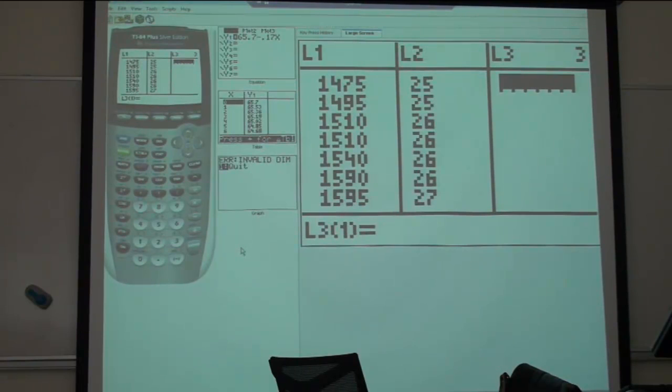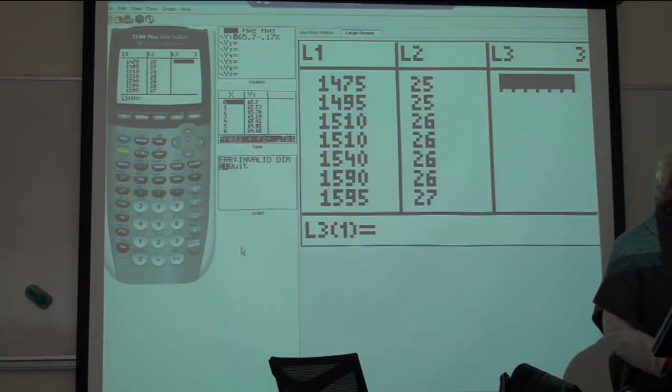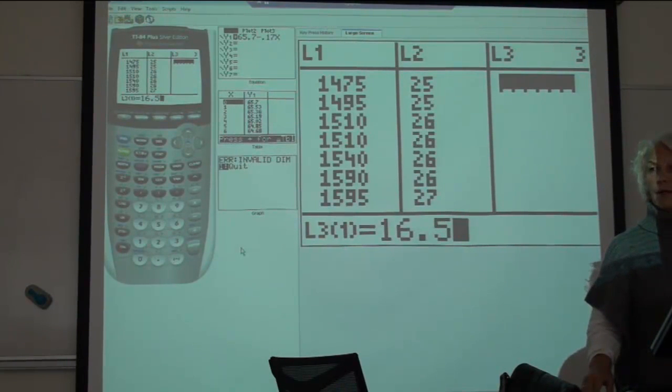Add 15 and 18 and divide by 2. $16.5, yes?